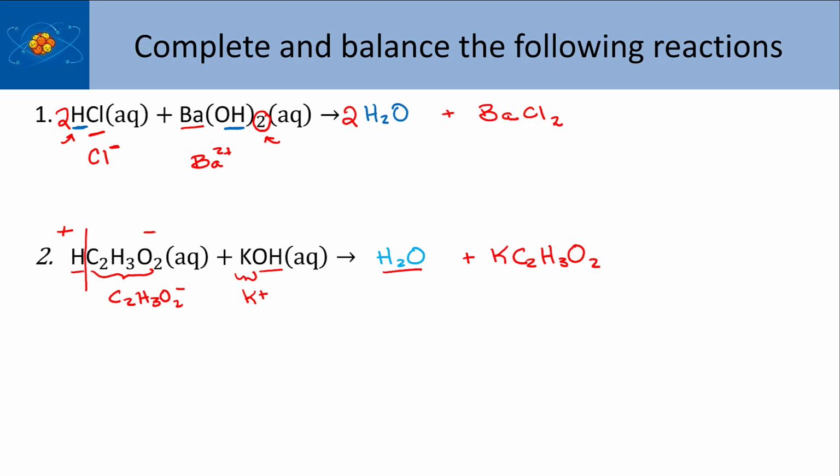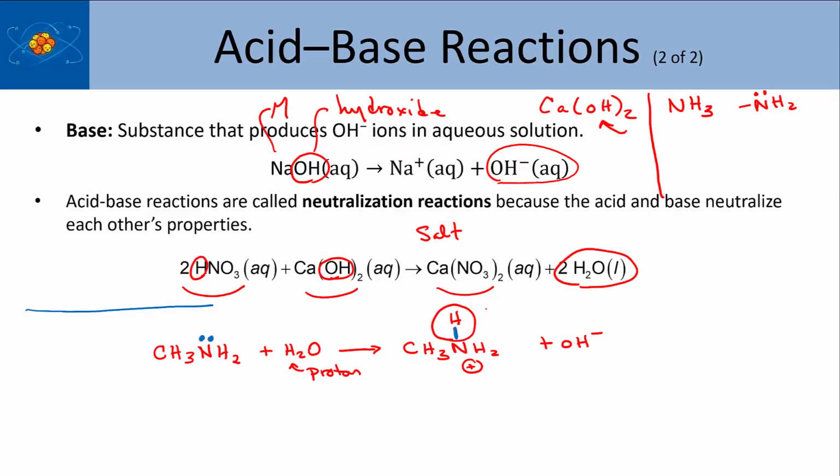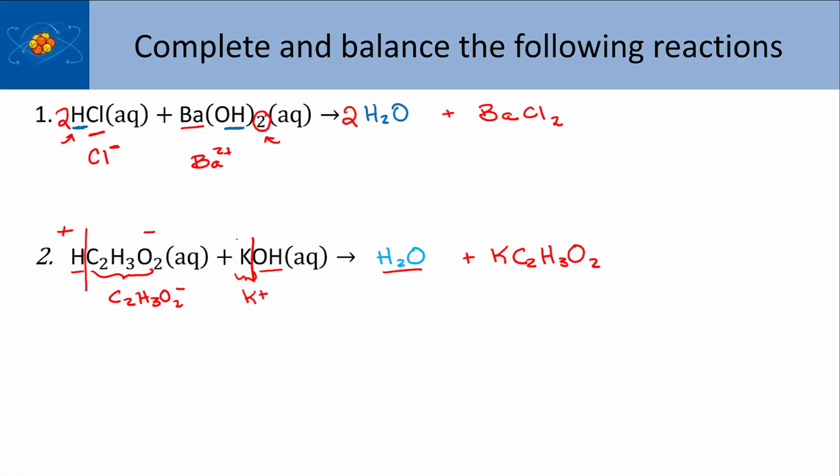If you put a line between the cation and the anion, you know the charge on the left and the charge on the right of that line have to add up to be 0. So for example, if I know that this is +1, then I know that this is -1, like that. Okay? So that's how you do acid-base reactions.